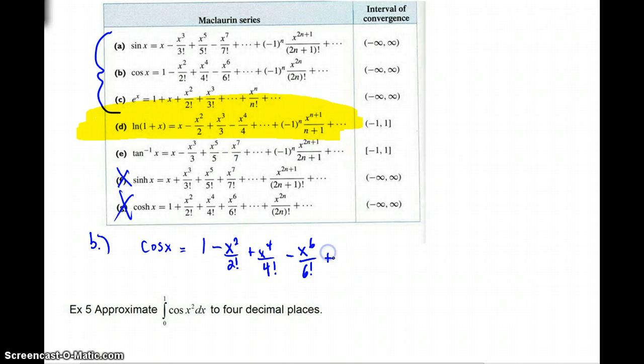And of course, this is going to continue. This goes up to x to the 8th all over 8 factorial minus x to the 10th all over 10 factorial. You get the idea.